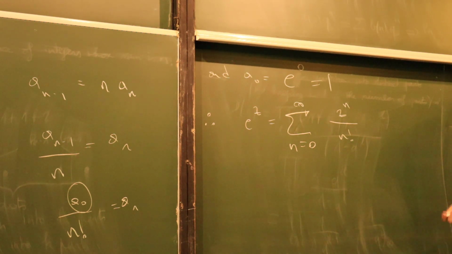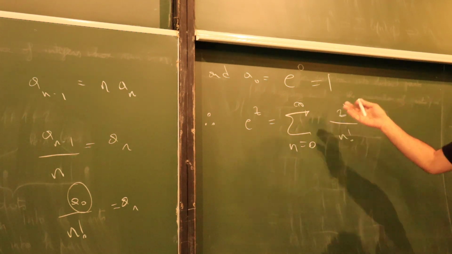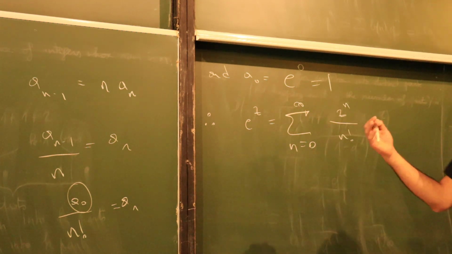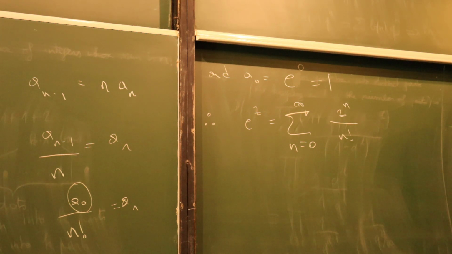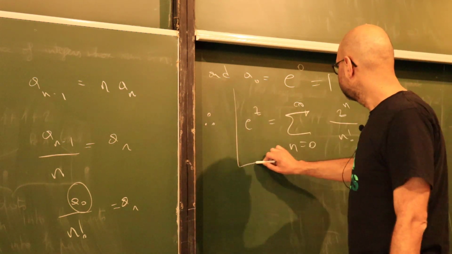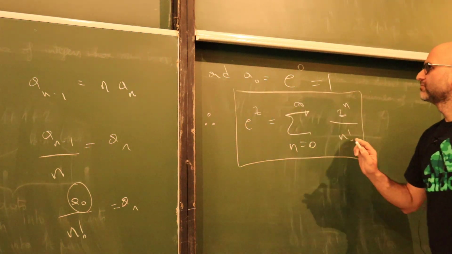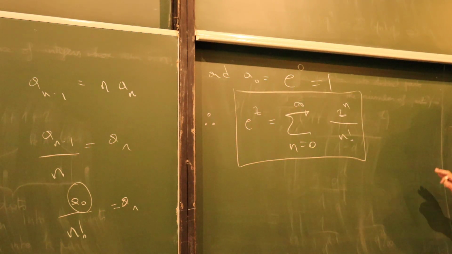At this point, we can address the convergence questions. Whenever we have factorials floating around, the ratio test is your friend. And you will deduce that this converges absolutely for all z, and then we have the power series expansion. I don't suppose we have any questions at this point.